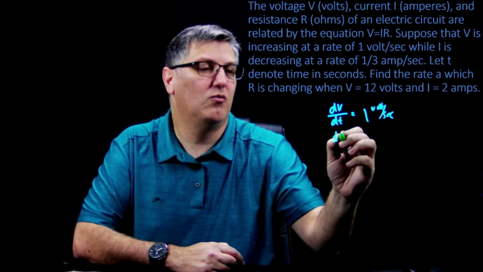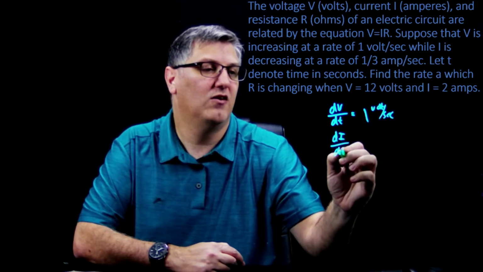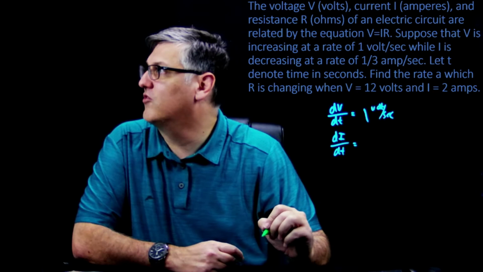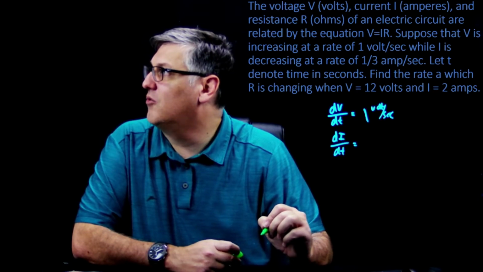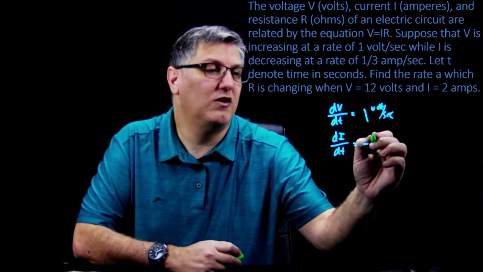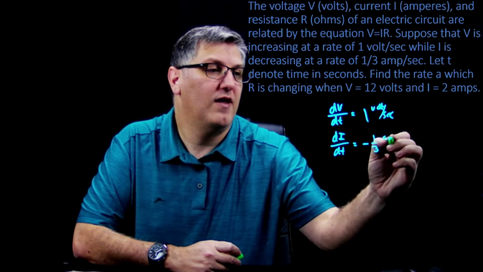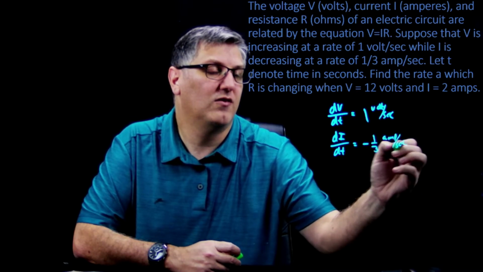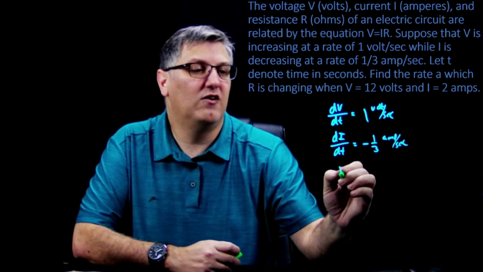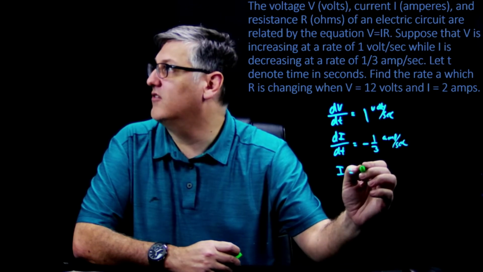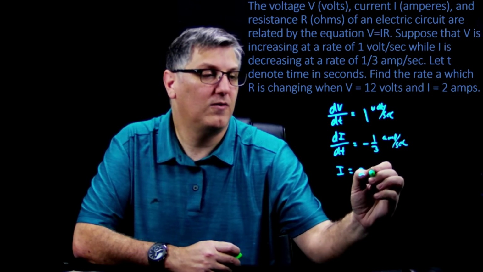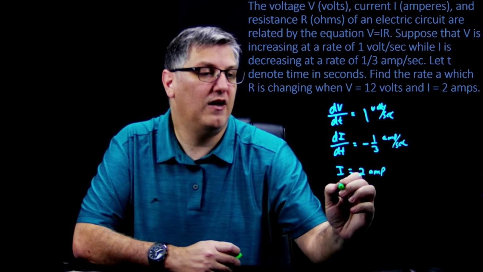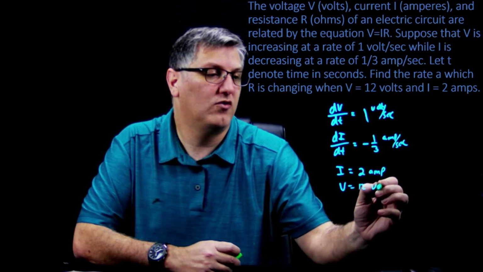I also know dI/dt, my change in amperes per second, is decreasing by 1/3 amps per second. And then it does give us an I at 2 amps and a V at 12 volts.